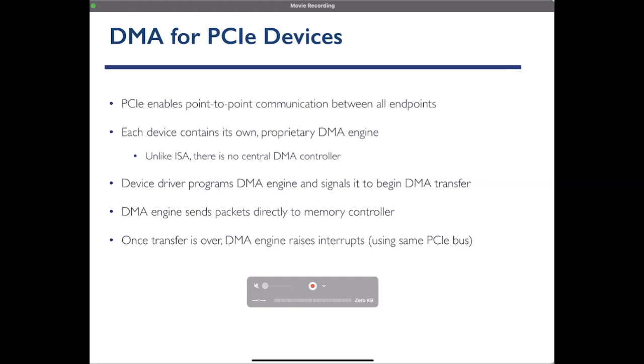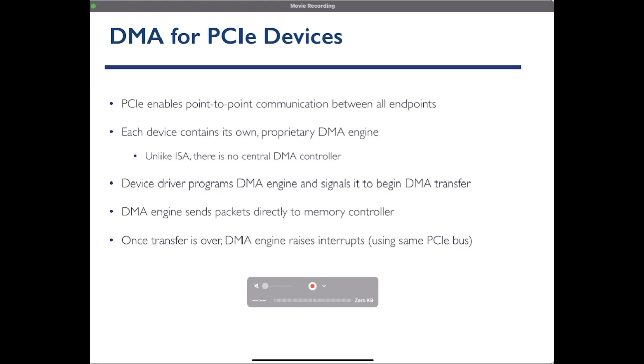It's very common for PCIe devices to have their own DMA engine. So these are usually proprietary engines. For example, your GPU probably has its own DMA engines. Actually, not just one usually, but many DMA engines. Your NIC card has its own DMA engine. Your SSD has its own DMA engine.